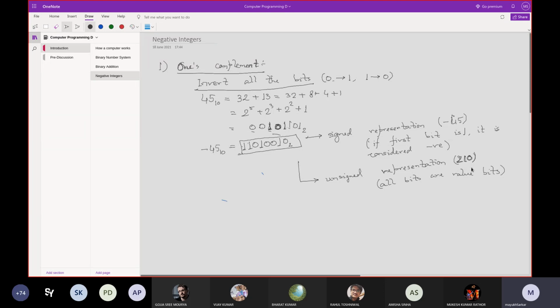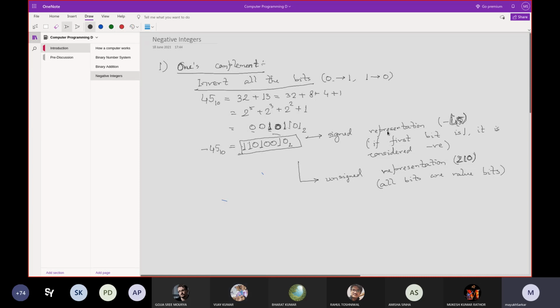Is it clear? Yes, sir, it is clear. If this is not clear till now, don't worry. We'll discuss signed and unsigned representation in great detail, and I'll show you how much this representation matters while programming.